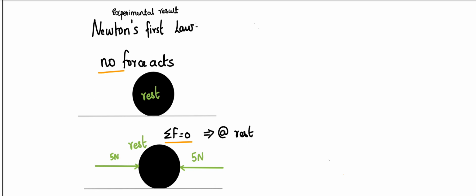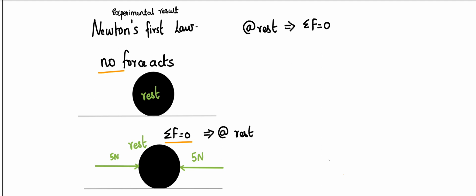Both have the same effect on the body. So this is the condition for equilibrium. I would like to restate it in the reverse form. If I see a body at rest, acted on by forces, I can directly state that the summation of force on the body will be 0.